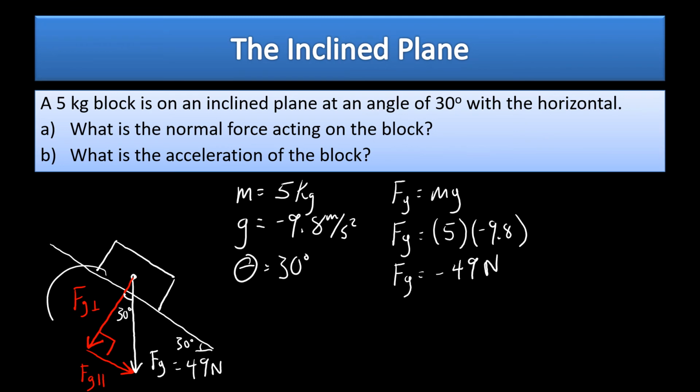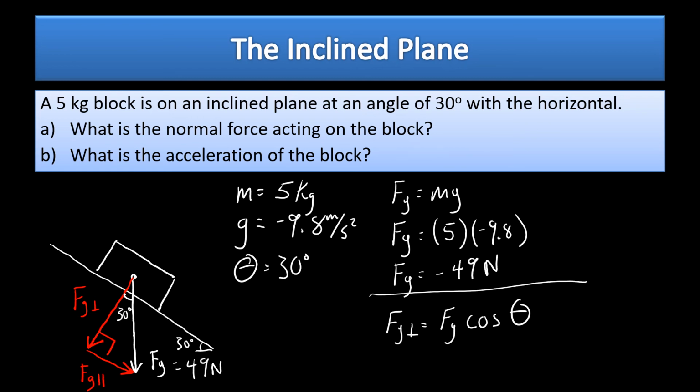So we have adjacent and hypotenuse, and we could use the cosine. So FG perpendicular is equal to FG cosine theta. That's how you write that. That's going to come up again and again. So this is like the first part, and this is the second part. So FG perpendicular, the perpendicular component of the weight, is equal to the weight times the cosine of the angle.